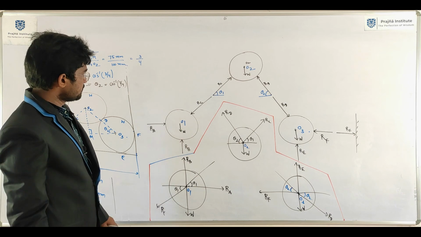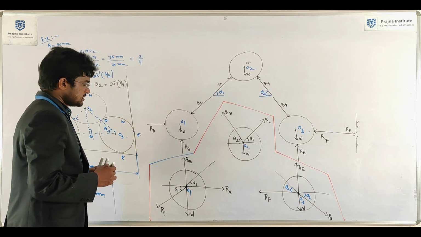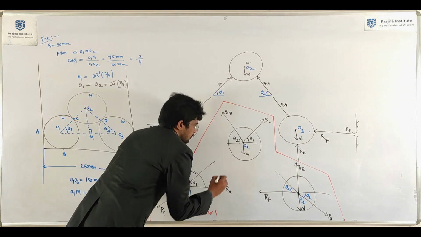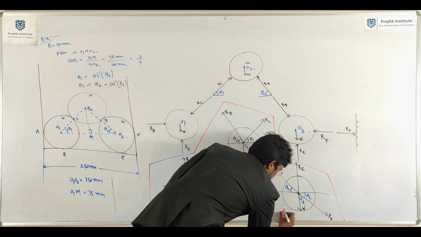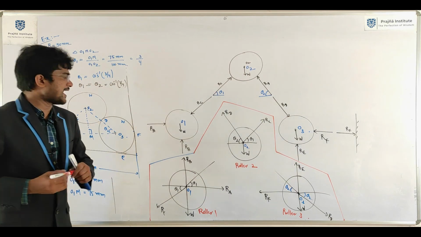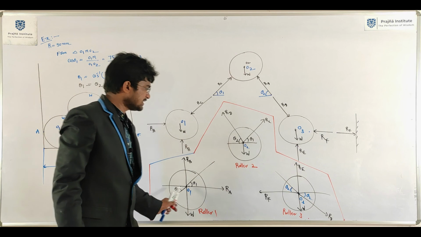So first draw these figures, then the concurrent system of forces. So here it is roller 1, roller 2, roller 3. First apply Lami's theorem for this. You will get some unknowns. Substitute here and here.